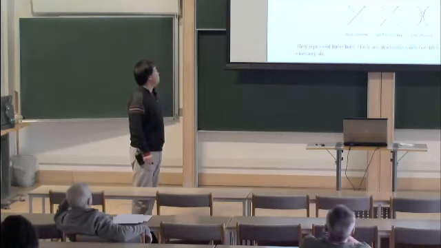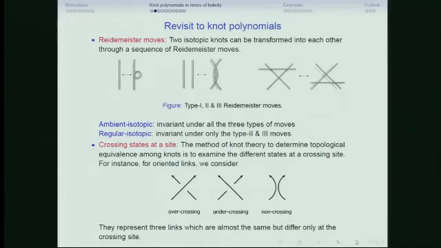Revisit to knot polynomials. In knot theory, Reidemeister proved that any two topologically equivalent knots can be transformed into each other through a sequence of the following 3 types of moves. This one, this one, and this one. You can see there are so many crossing sites there.